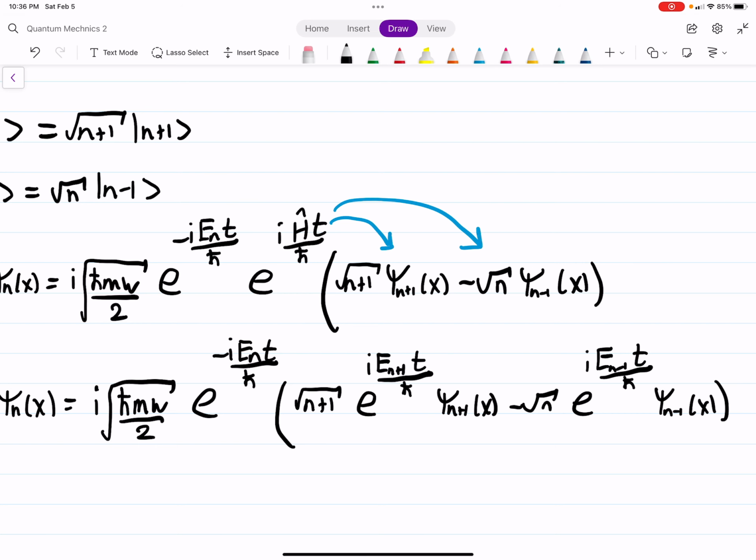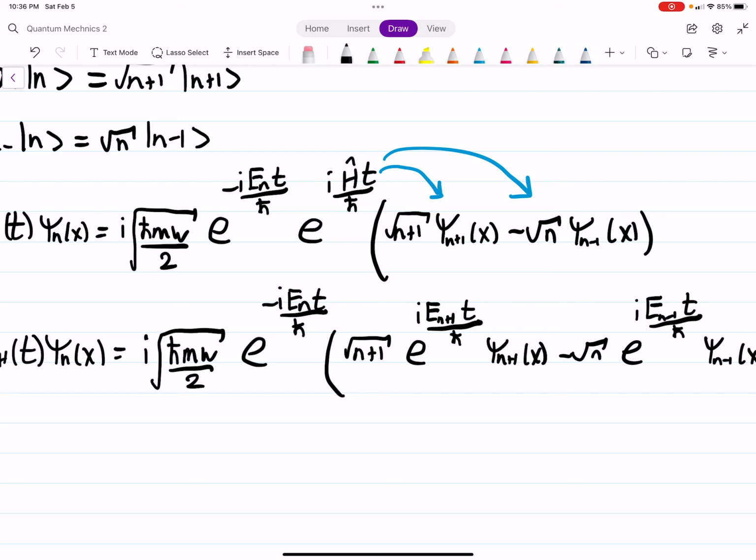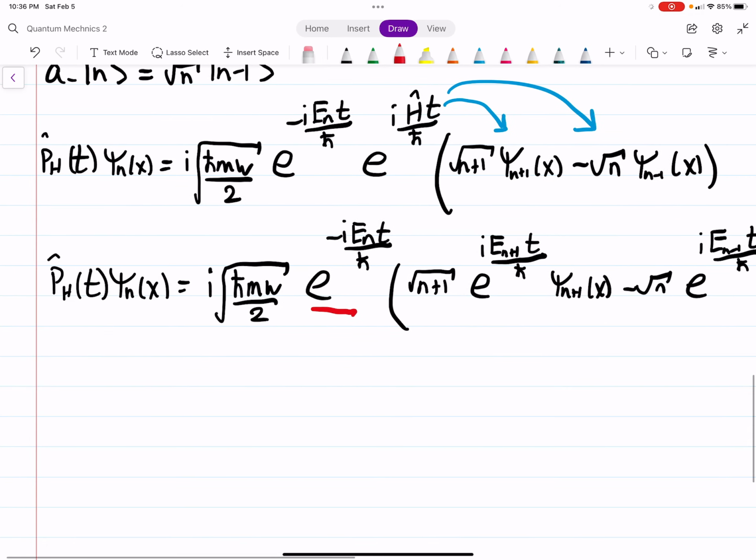Okay, so this is good. And now what we're going to do is distribute this guy, it's been here for a while, into what we have, which are now constants, so all is well. And we still have our constants out there, we can't forget about them.